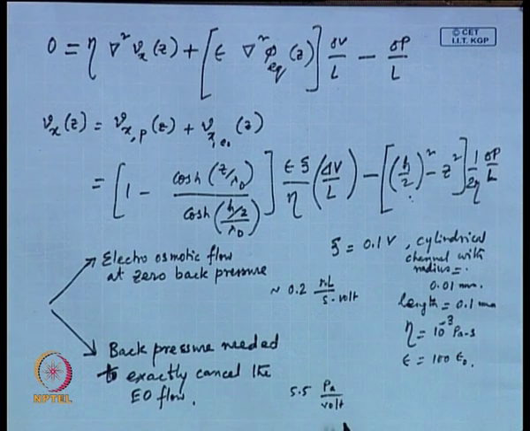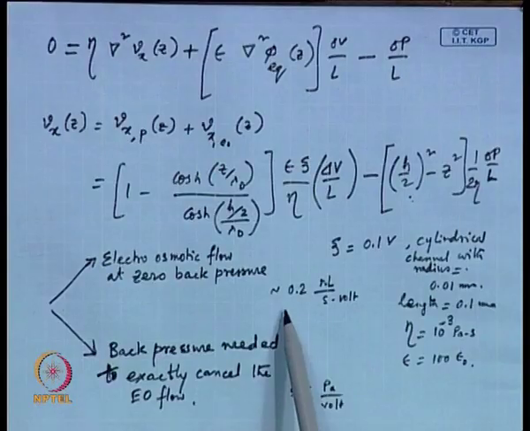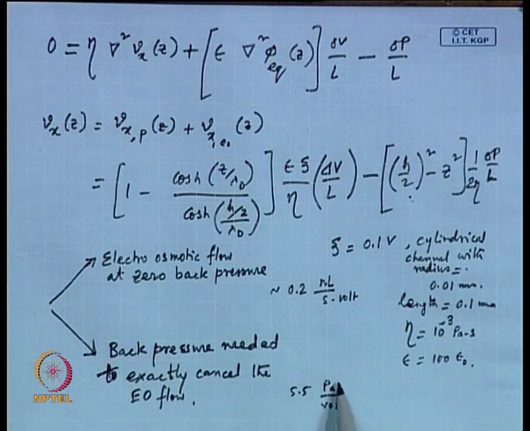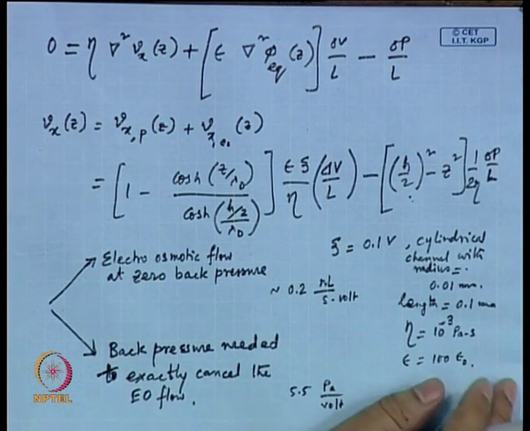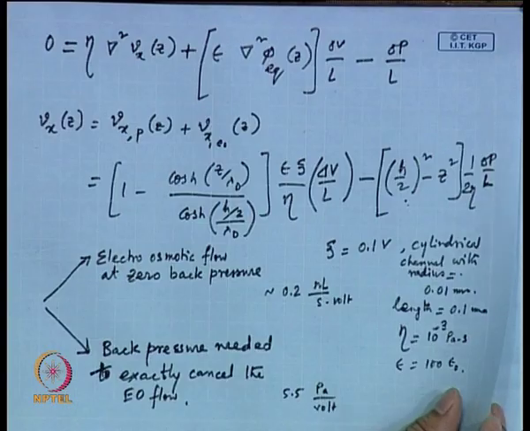That means if you apply 1 volt of delta V across this electrode, you get this much flow and this much back pressure. Beyond this back pressure, the flow will stop. Naturally, this scheme does not seem to be a very attractive proposition, because the flow rate is pretty small and the pressure it can stand is very small.